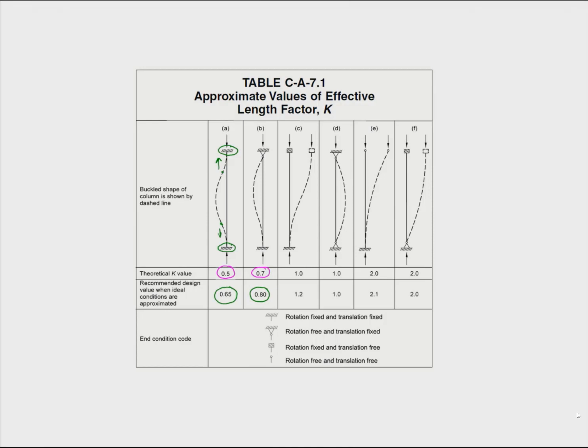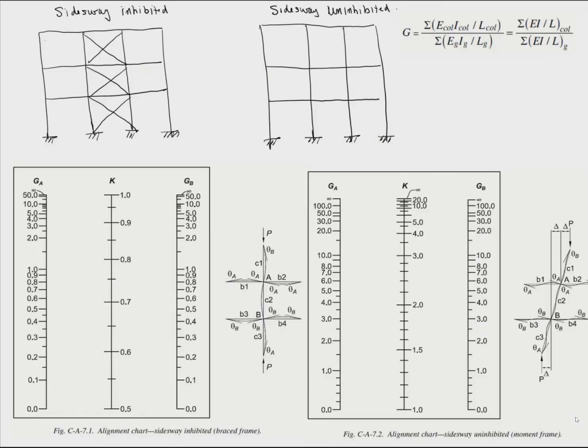Now, in a building, the support conditions of a column may not be exactly fixed or fixed pin, but instead, a column such as this may be surrounded by other columns and beams.